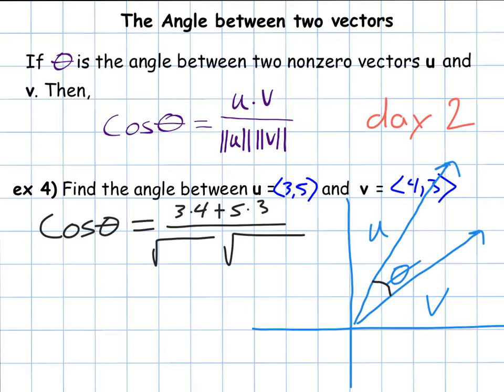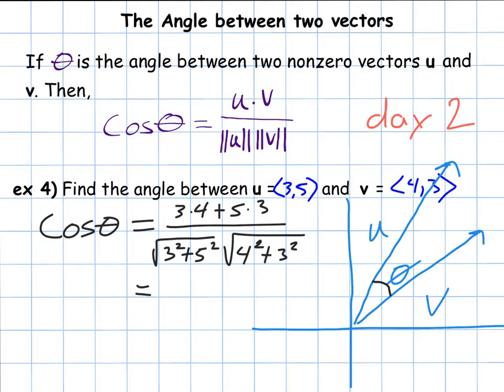Okay, for u, that would be the square root of 3 squared plus 5 squared. And then for v, that would be 4 squared plus 3 squared. Eventually, we're headed towards our calculator for an inverse cosine. But in the meantime, there's a little simplifying to be done.